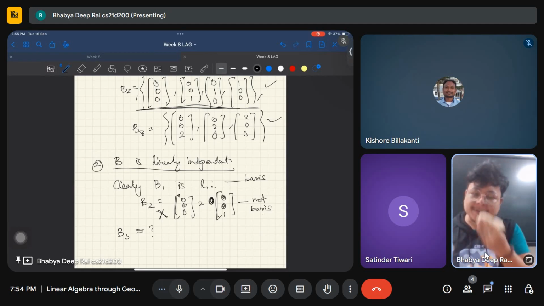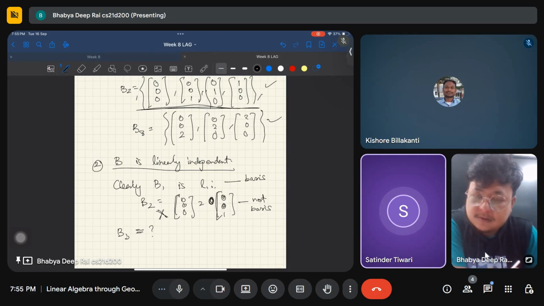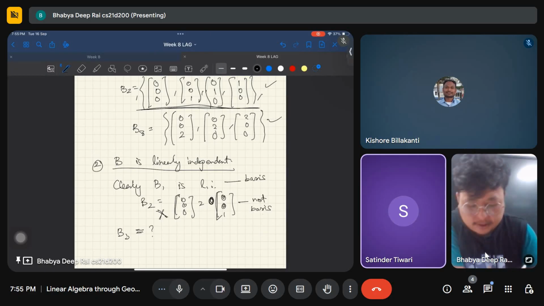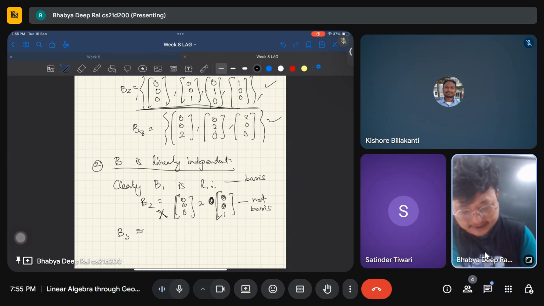Yeah, I think B3 is also a basis, because 0, 0, 1 is not in it, and 0, 0, 0 is not in it either. So it is a basis. B3 is linearly independent.